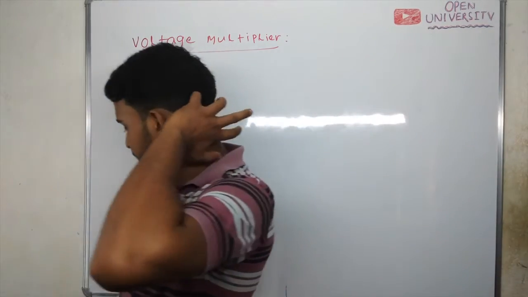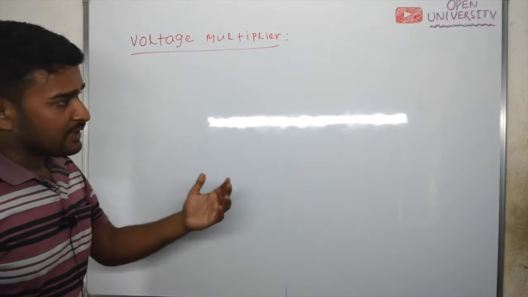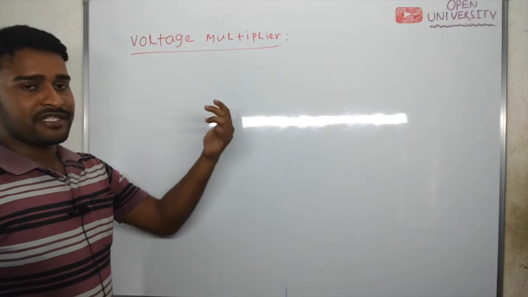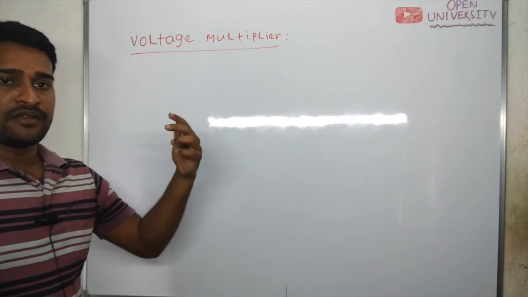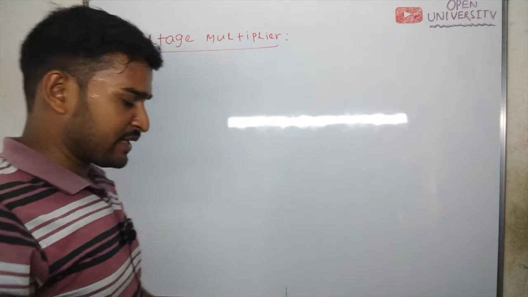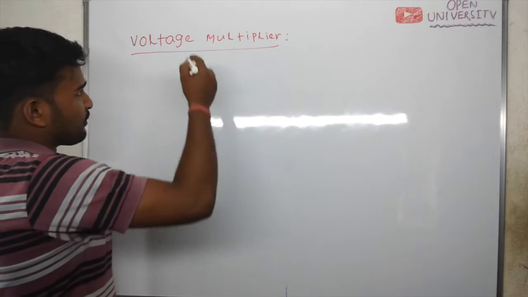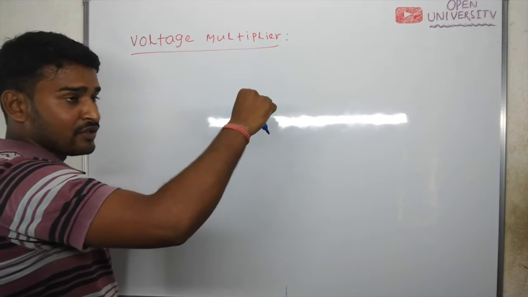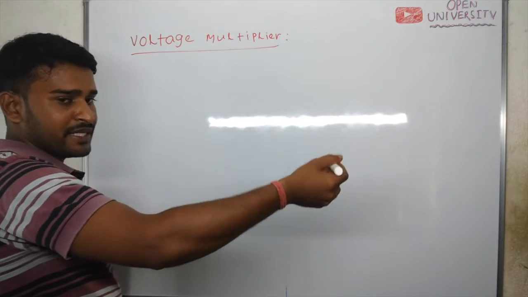A circuit whose input is an AC and output is a DC voltage which is an integer multiple of peak input value.